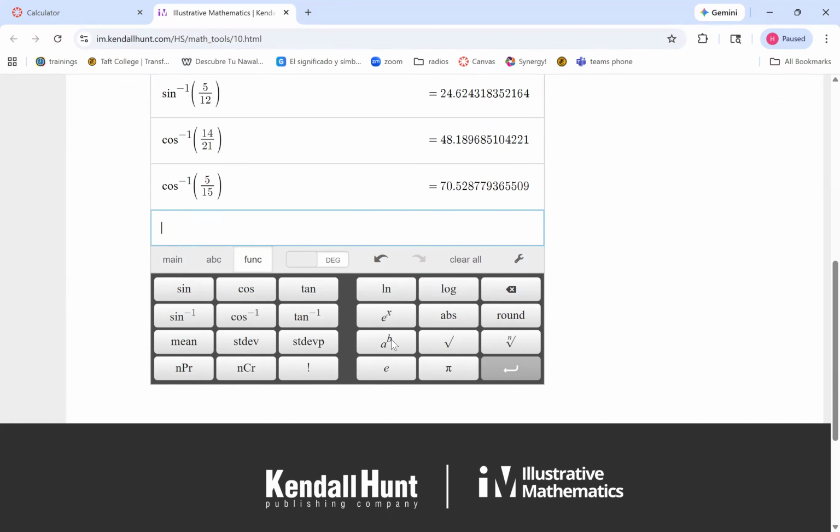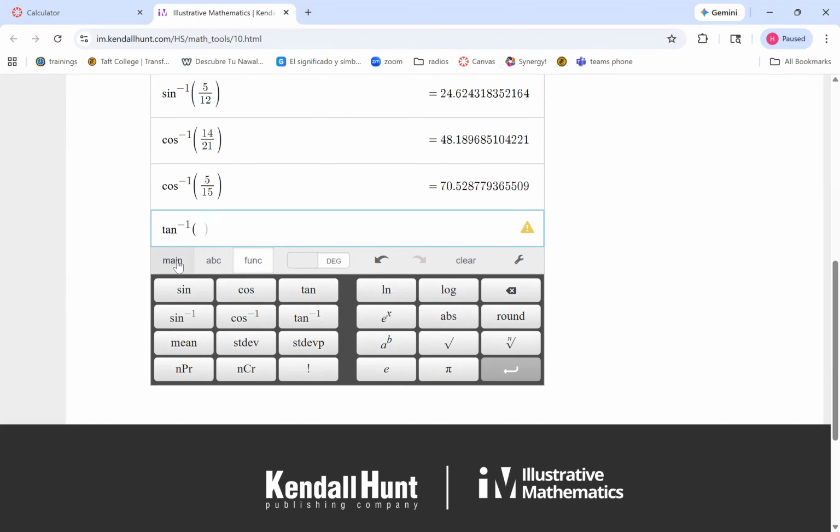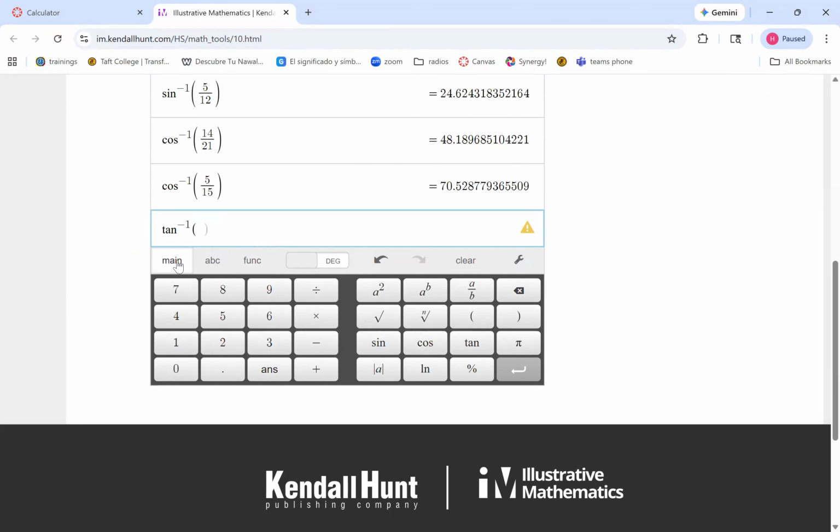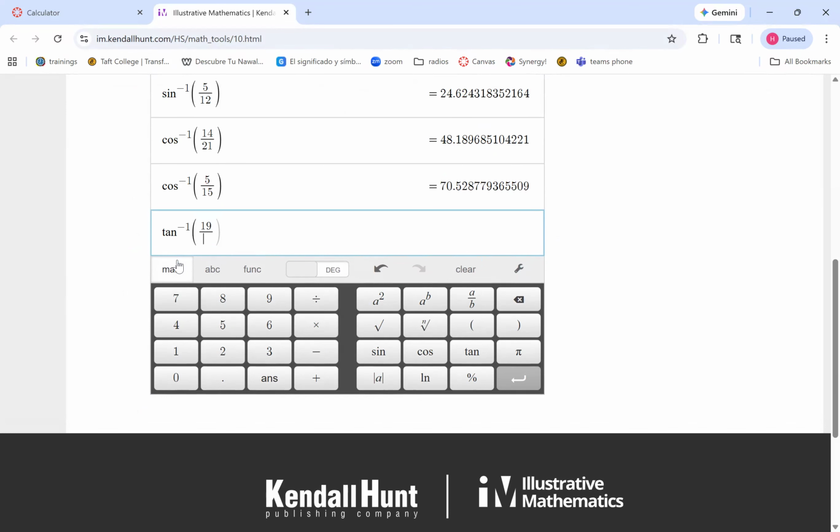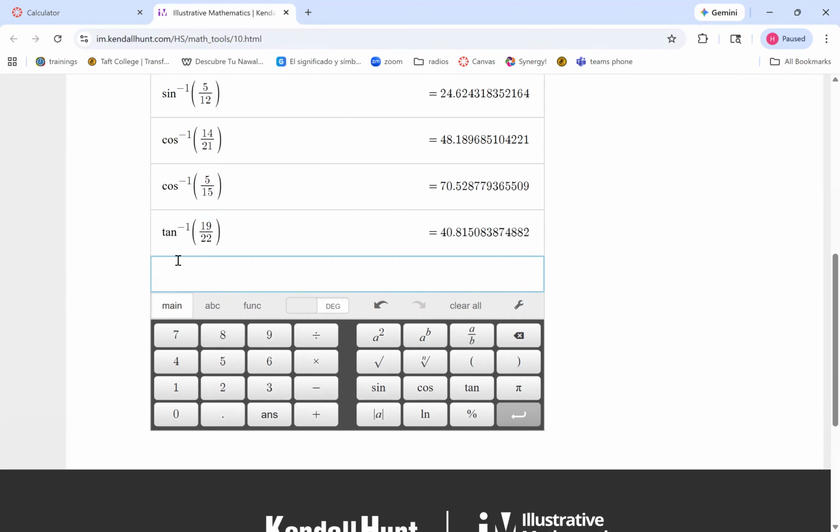So under my function, let me go tangent inverse of 19 over 22. I see my answer, 40.815. I'm going to round it to 2 decimal places, so I'm going to call this 40.82.